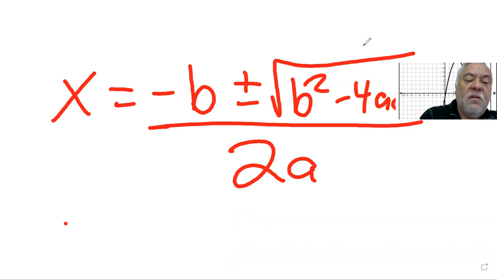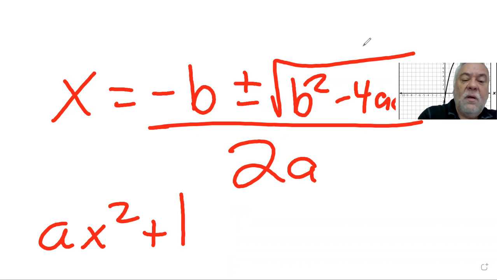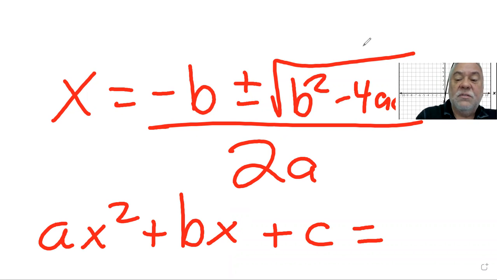Well, if you remember, the standard form for a quadratic is ax squared plus bx plus c is equal to 0. The equal to 0 is important. If it's not equal to 0, you have to make it equal to 0. Subtract that number on the right side from the c, and then that'll make it equal to 0.